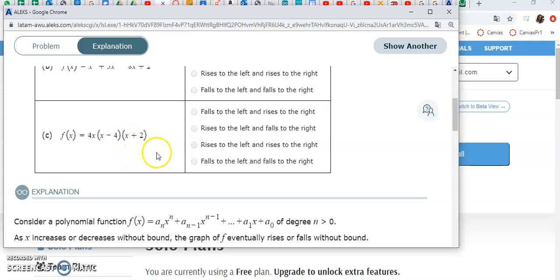So we have a third degree function here with a positive leading coefficient because we have positive 4, positive x, and positive x. So as this is third degree and the leading coefficient is positive, it falls to the left and rises to the right.